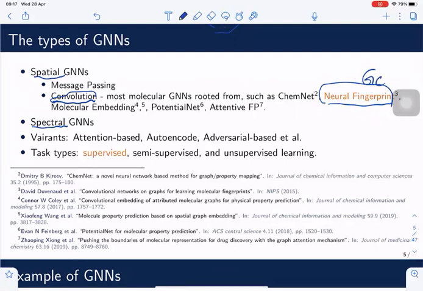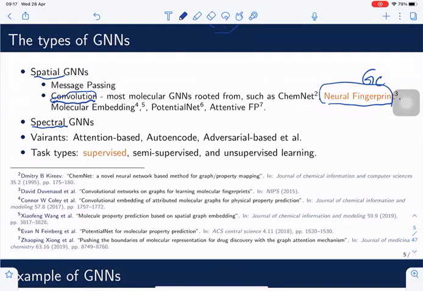We will definitely explore and discover more different GNNs in the future. The reason why we call it a spatial GNN is that the aggregation in spatial GNNs is done in a spatial manner, similar to the convolution in computer vision.